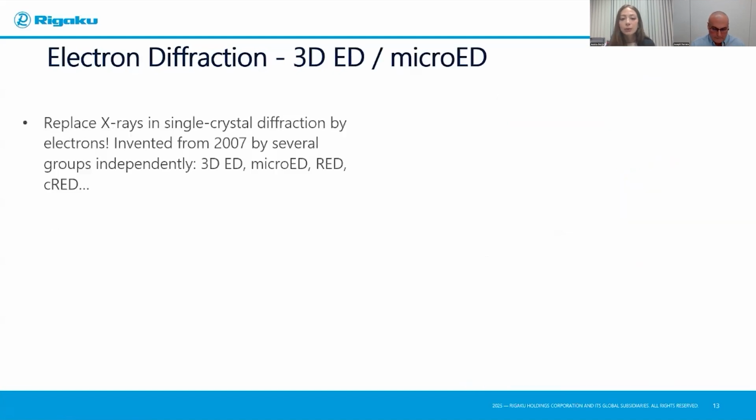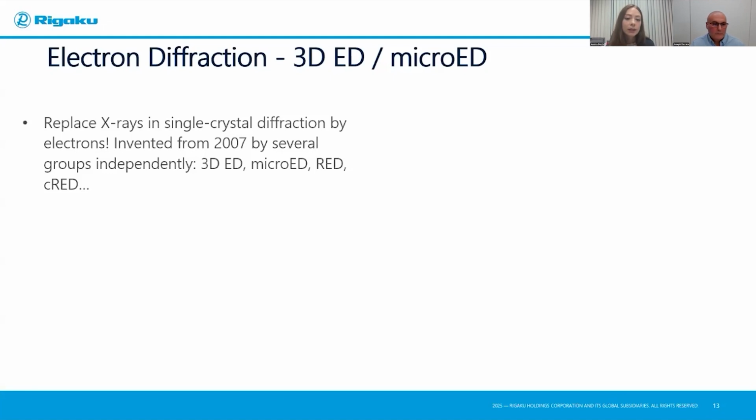And that brings me to the name. We refer to this technique as 3D-ED or micro-ED. And that's specifically referring to this type of technique where we're collecting our electron diffraction data with continuous rotation and shutterless data collection. And it goes by multiple names because there were a number of different groups that published this work around the year 2007.